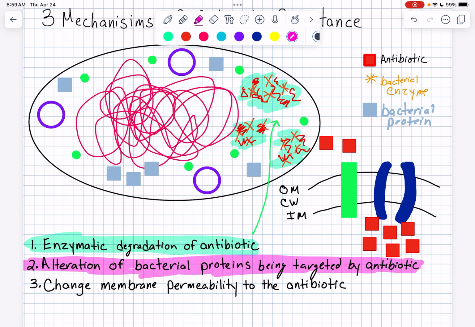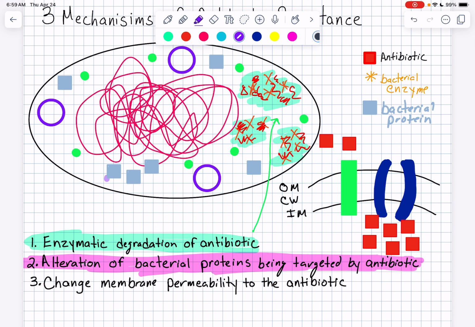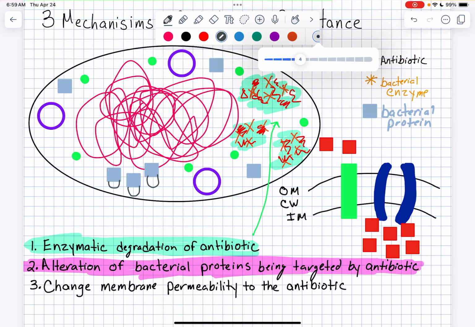What the bacteria does then is alter itself. The antibiotic, the red square, is looking for the blue-gray squares, but it is not looking for whatever shape this is. I'm just going to color this in.